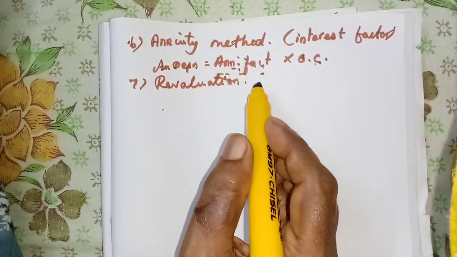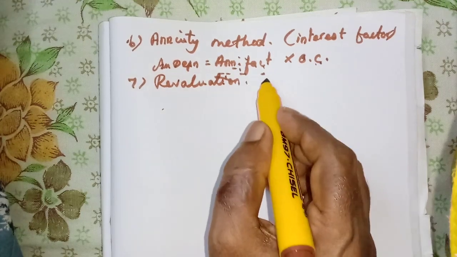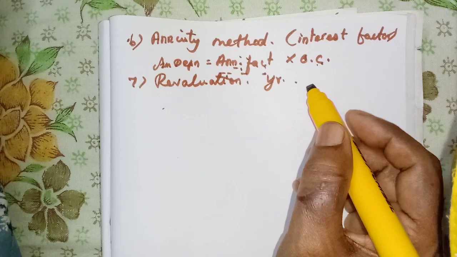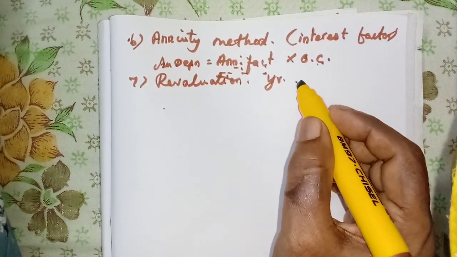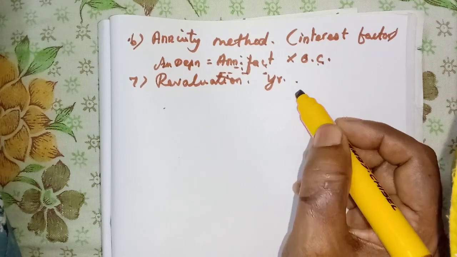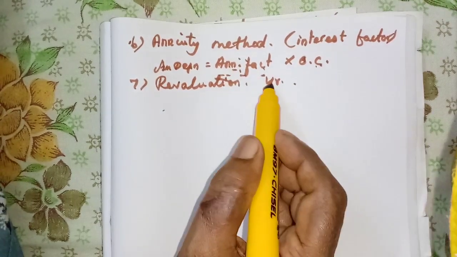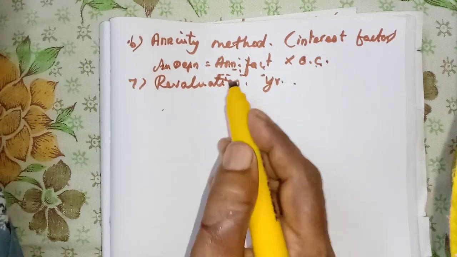Revaluation method. They will value the assets every year, at the beginning and at the end. So they will compare the value, which will get reduced, isn't it?